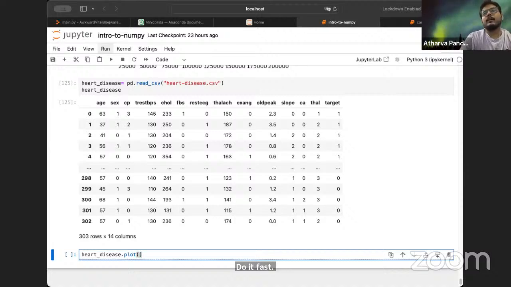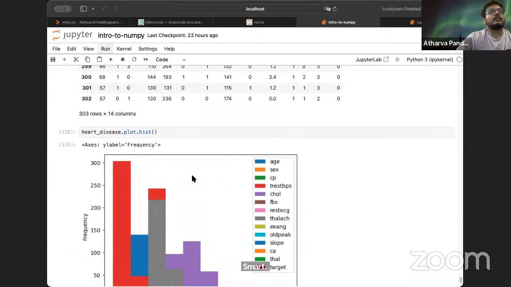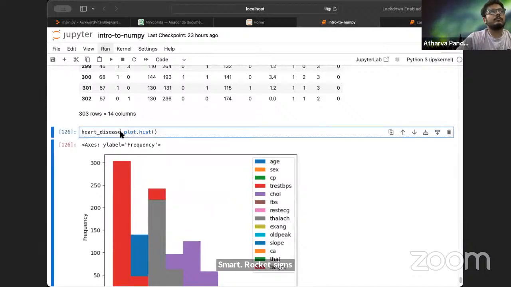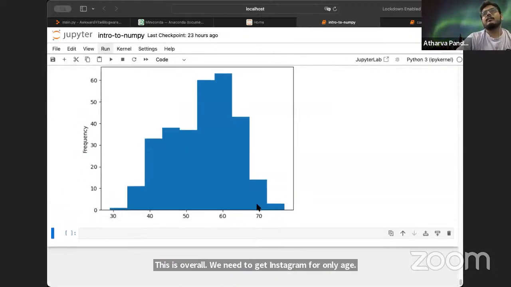It shouldn't take so much time, guys. You are already watching me do all of this. So you can just do it. It's not rocket science. Oh, this is overall. Wait, we need the histogram for only age. Exactly. Yeah, Raja, that's right.